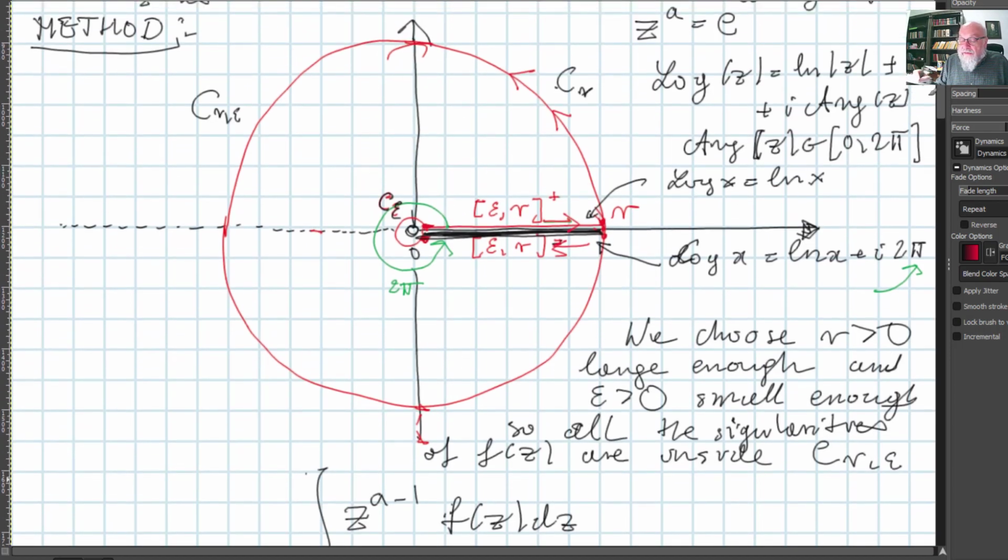We can imagine those are singular points. There are many of them, one, two, three. We denote them by z_k.